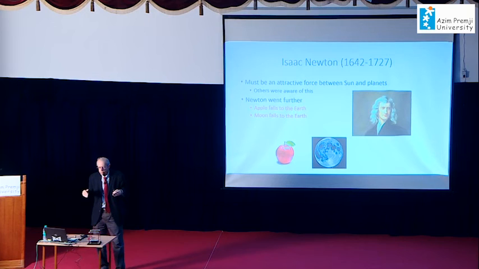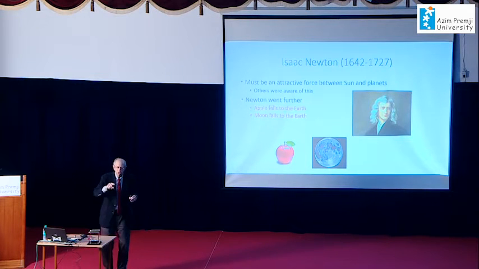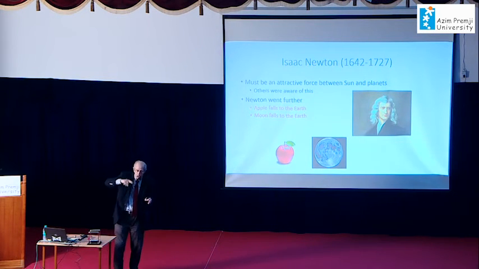Then Newton, though, went further. He said, the apple falls to the earth. The same force that holds the moon to the earth holds the apple to the earth. So just like the apple falls down, the moon falls down. He said, but the moon doesn't fall down? He said, it does. It just doesn't appear that way.